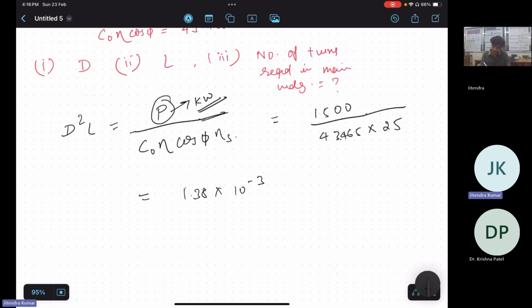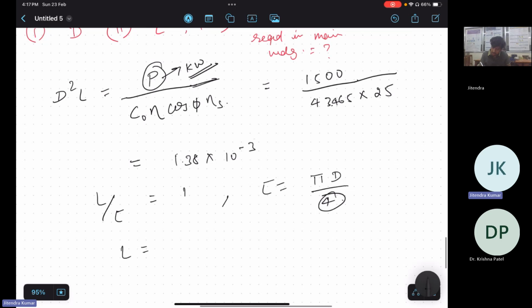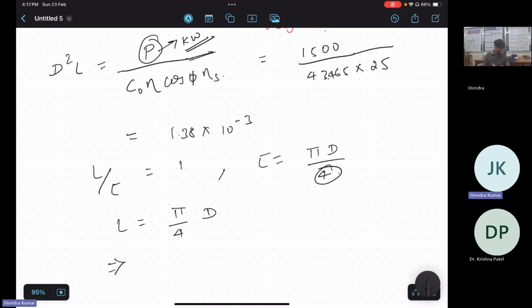So D square L value we have calculated. L by tau is mentioned as 1, and tau is nothing but pi D by 4 because 4 is the number of poles. So L will be equal to pi by 4 D, which is 0.785 D. This is the value of L. Now we plug in this 1 and 2.